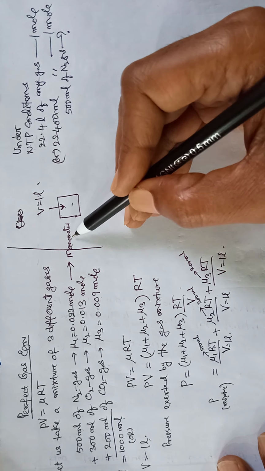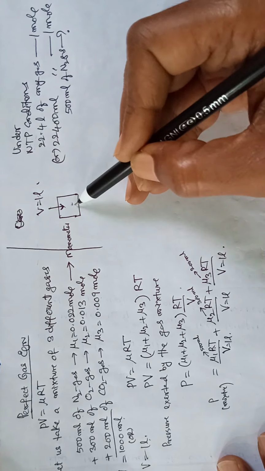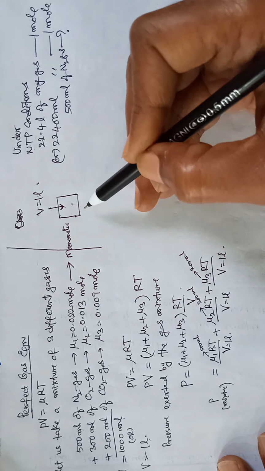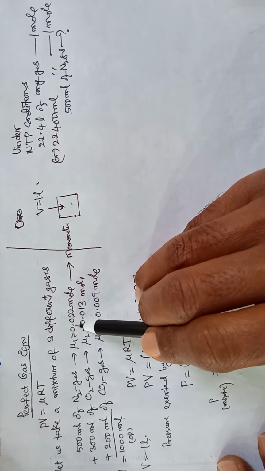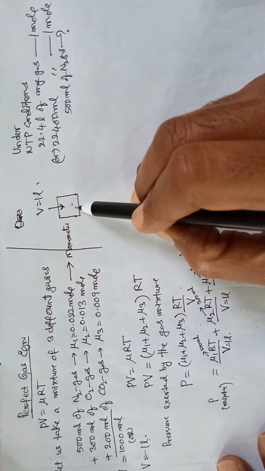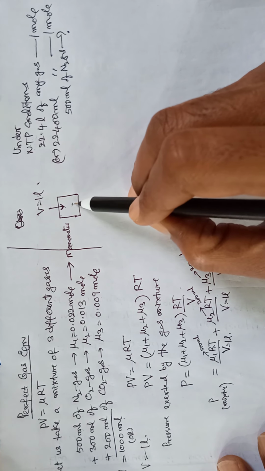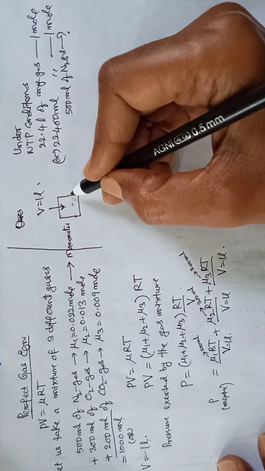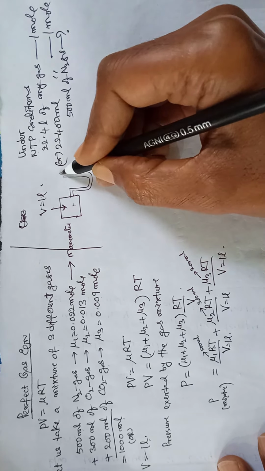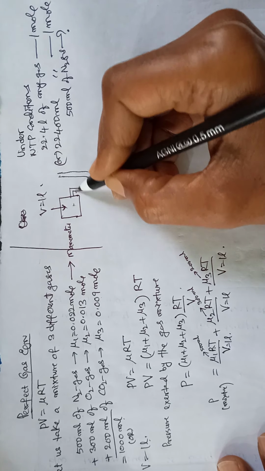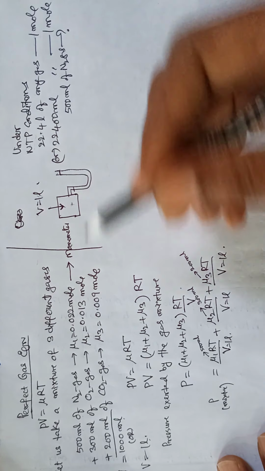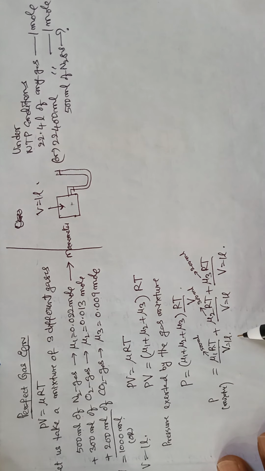When you are measuring its pressure using a manometer, the manometer chamber is having 1 liter volume. So when you send 0.022 moles of nitrogen gas into the manometer chamber, there it occupies 1 liter volume, and the manometer measures the pressure exerted by the nitrogen gas.